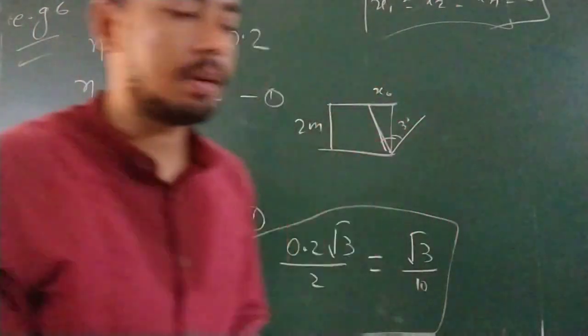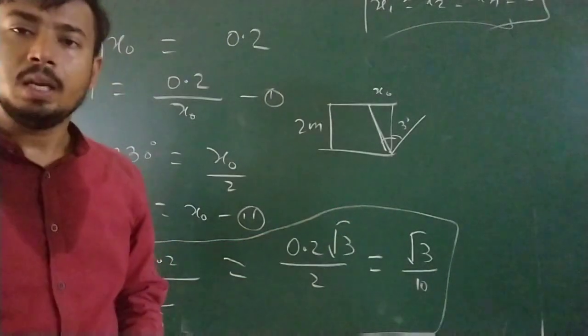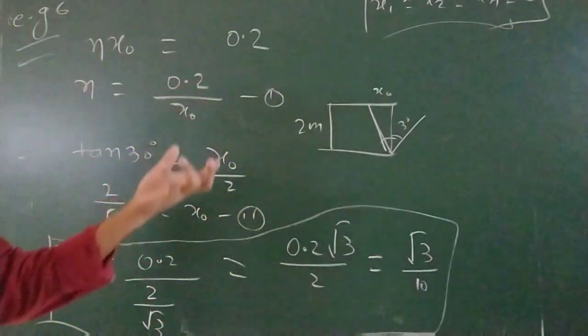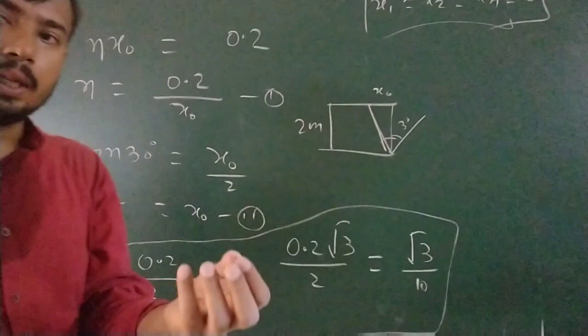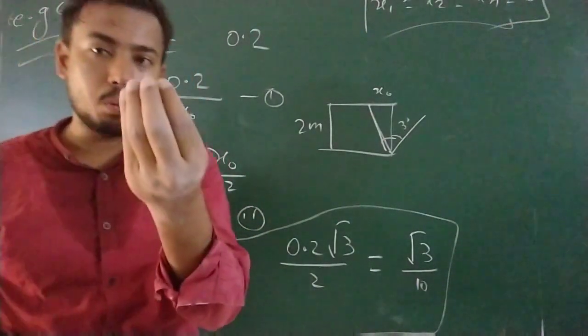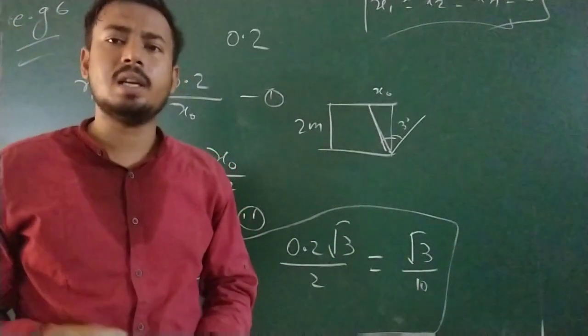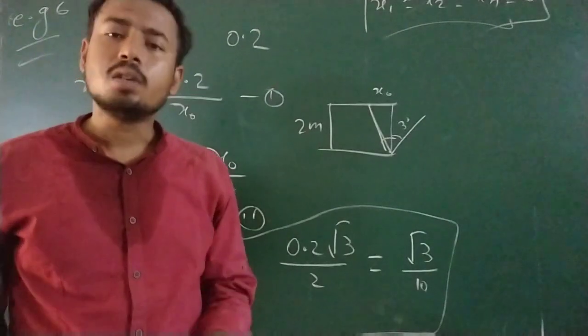Now you will think, why is it coming root 3 by 10? It is not a perfect number, not 1, not 2. Basically I have taken a random question here. If you get it in a book, they will give you standard questions. It means standard in the sense they will give you proper distances, so you will get the number of reflections like 6, 7.